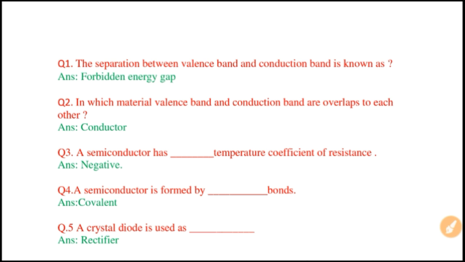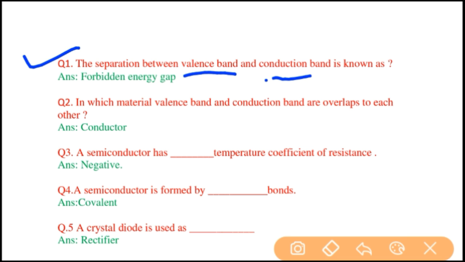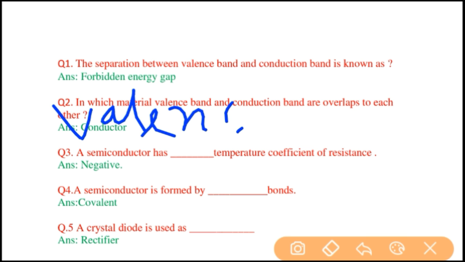Coming to question number 1: the separation between valence band and conduction band is known as what? Before answering this question, let me give you some brief idea about matter and its energy bands with a proper diagram. In solids, there are two types of energy band: the valence band and the conduction band.